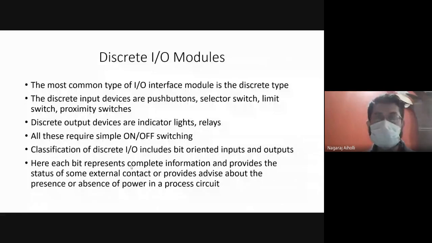If current is flowing, it is indicated as 1. If the current is not flowing, it is indicated as 0. So each bit provides the status of an external contact, or tells about the presence or absence of current or voltage in the circuit.